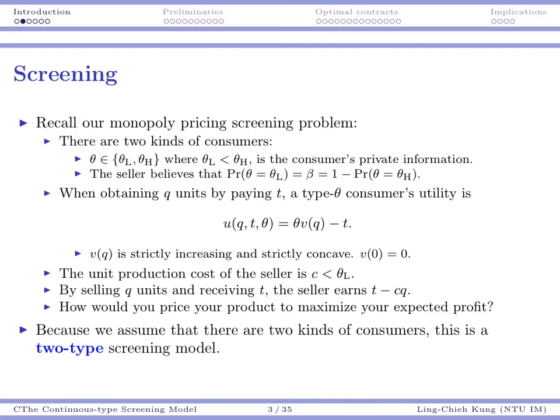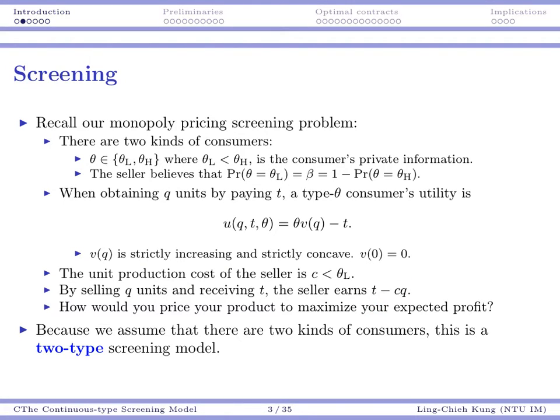So that's the standard setting we introduced with our two-type model. The unit production cost is C, which is less than theta L. By selling Q units and receiving T, the seller would earn T minus CQ. So this is the seller's profit function or utility function.